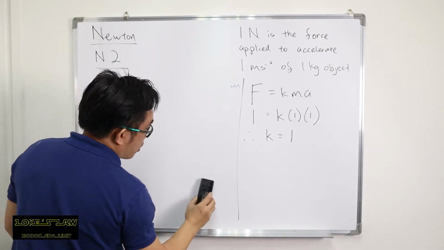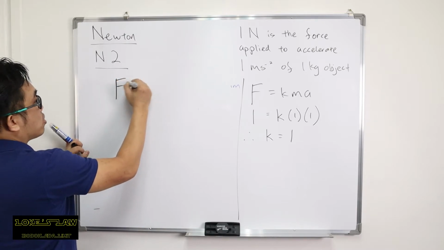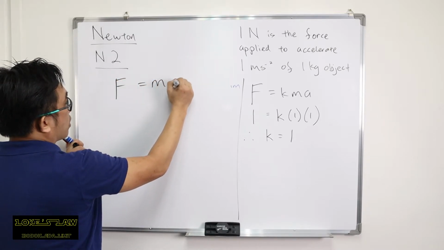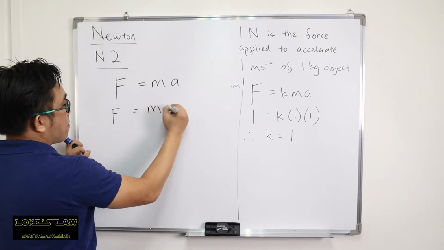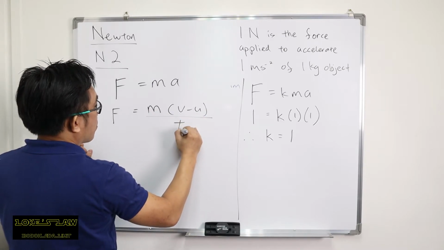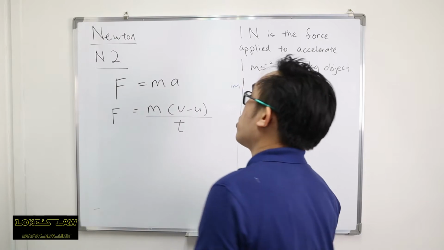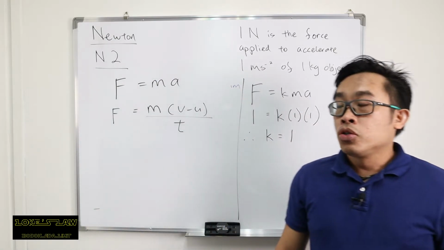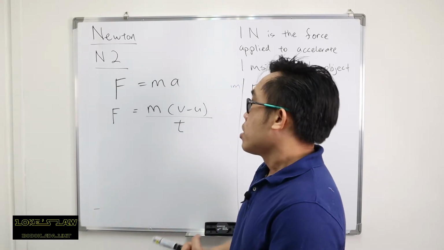According to Newton, what is the main idea here? He said that F equals ma, where k is equal to 1. We can also rewrite this as m times (v minus u) divided by t. Now this is a very important arrangement.